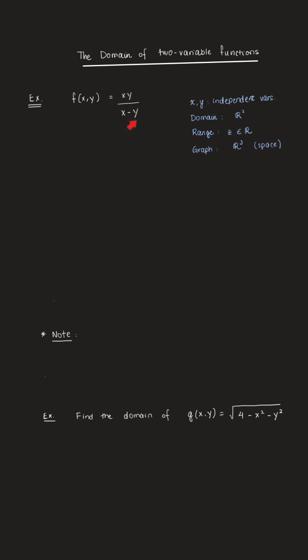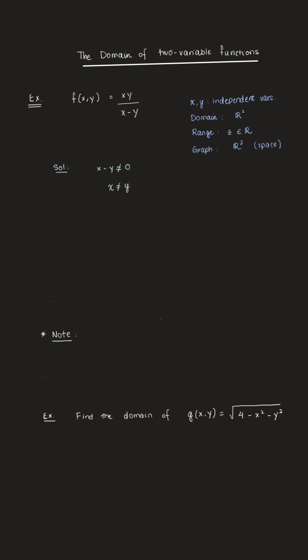Our output will be undefined. And so that's going to give us our domain. So we have to make sure that x minus y is not equal to 0. That's all we have to ensure here, which means that it can never be that x and y are equal to each other.